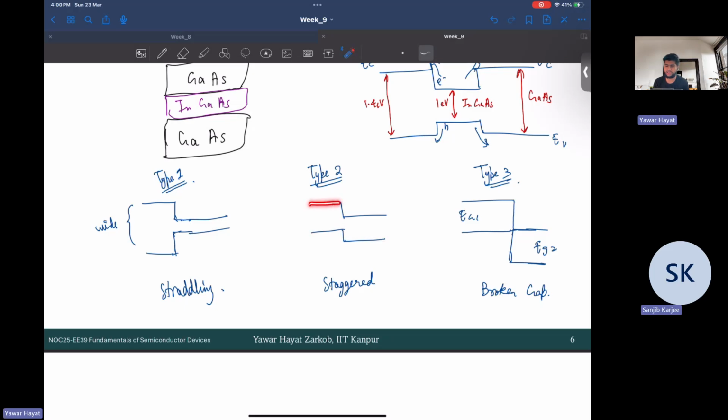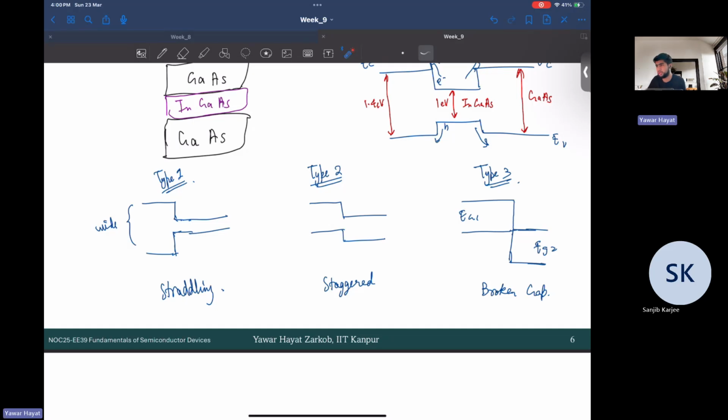Here the conduction band of this comes below this, and likewise here the valence band. In terms of holes, I mean the energy order, if we talk in that sense, then we can say that the valence band of the first material is positioned above the valence band of the second.